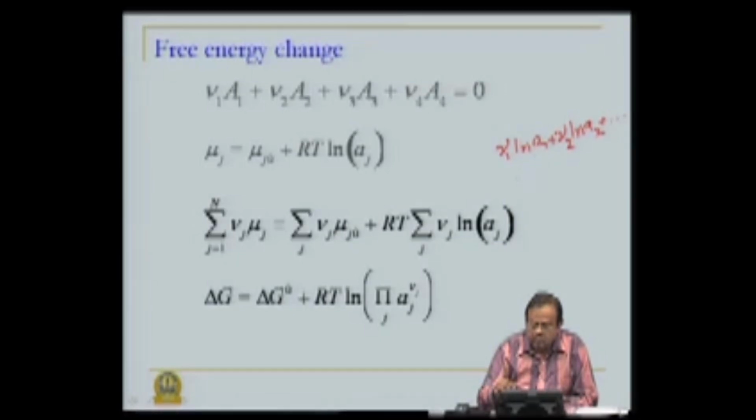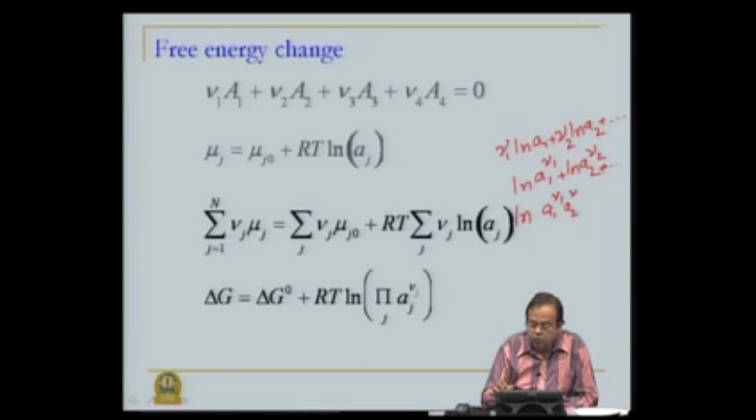So, this I can write as ln A1 raised to nu1 plus ln A2 raised to nu2 and so on, which is nothing but ln of A1^nu1 into A2^nu2 and so on, and that is nothing but this product term.